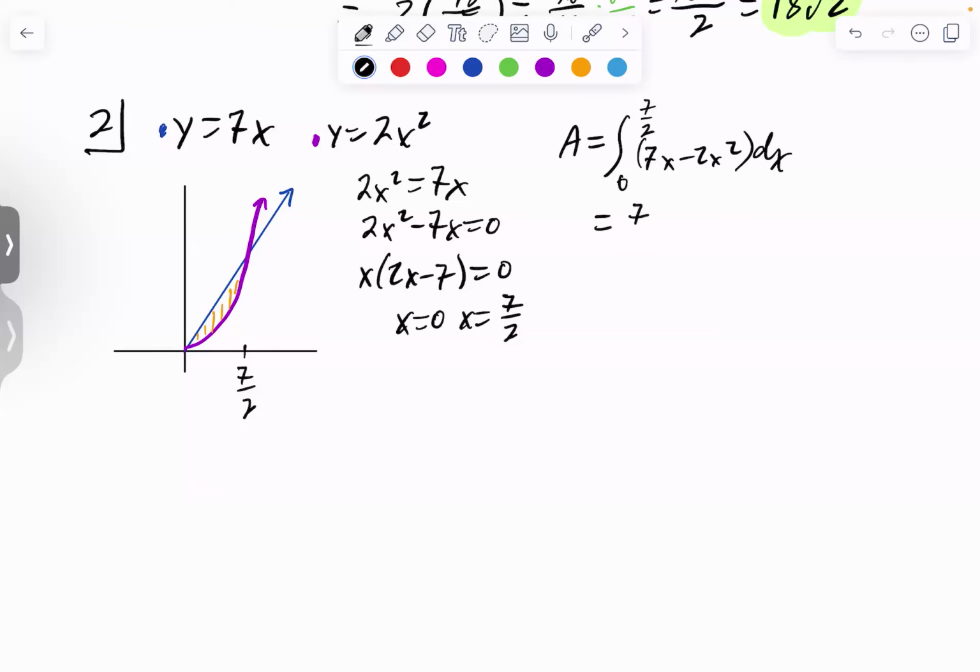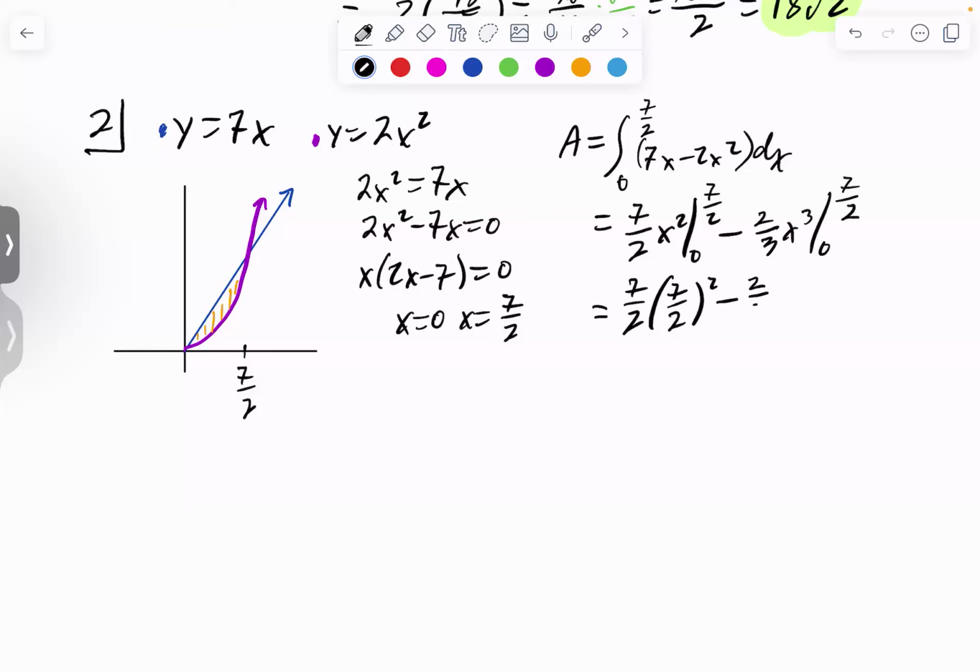That's going to be 7 halves x squared from 0 to 7 halves minus 2/3 x to the third from 0 to 7 halves. All right, so we're going to get 7 halves times 7 halves squared minus 2/3 7 halves to the third power. All right, let's see what we end up with here.